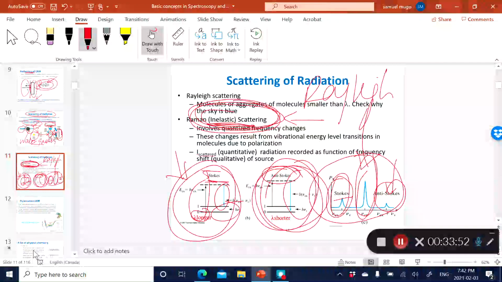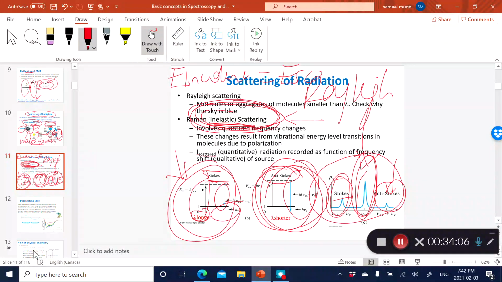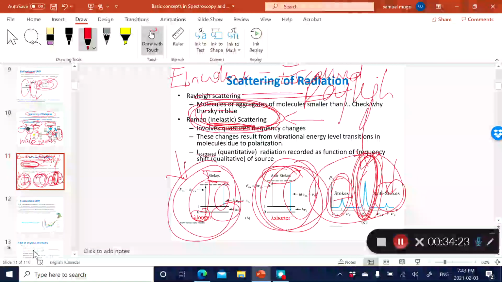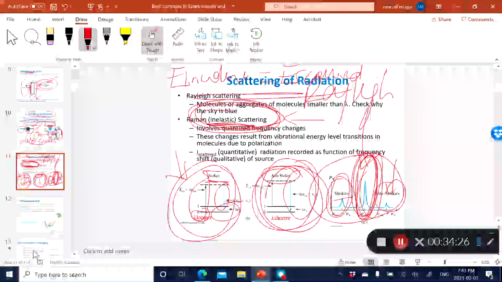And so it's not very useful analytically, because you didn't get any difference in the energy. So in the Rayleigh, the energy of the incidence is equal to the energy that is scattered. And because those energies are the same, it's not really analytically useful. However, it actually happens a lot. And so that's why you see that peak, the Rayleigh, being fairly large.